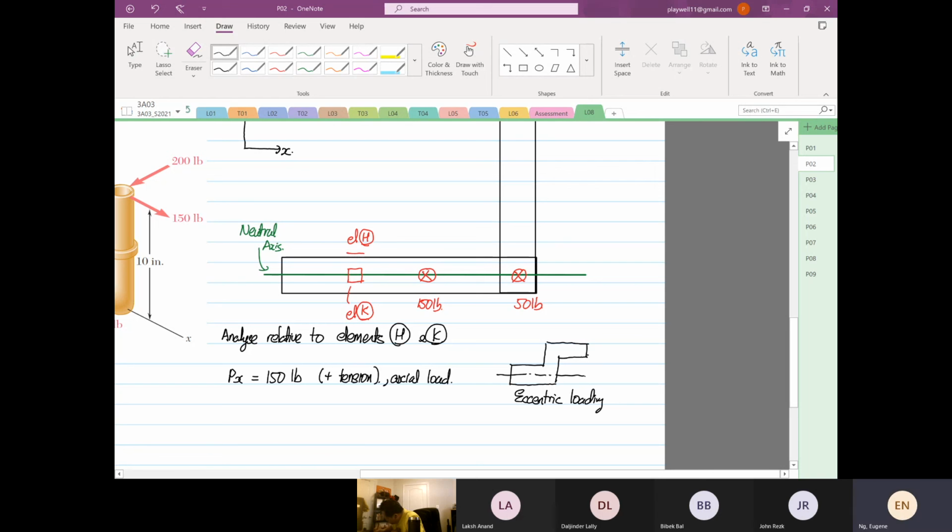So if this is where our element is, this is where our point C is.